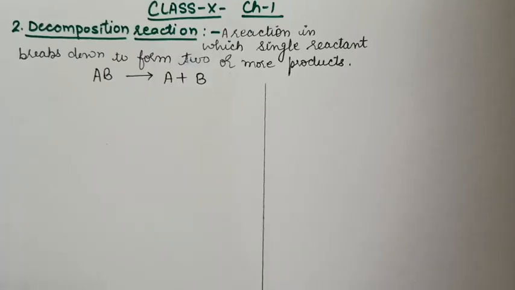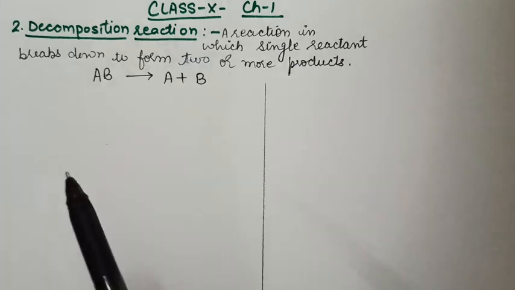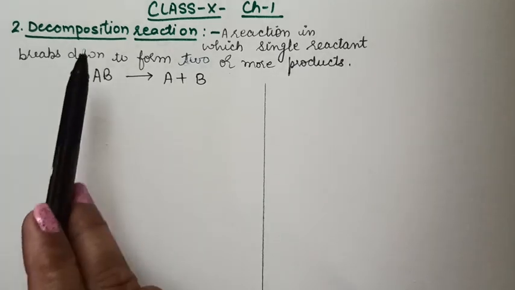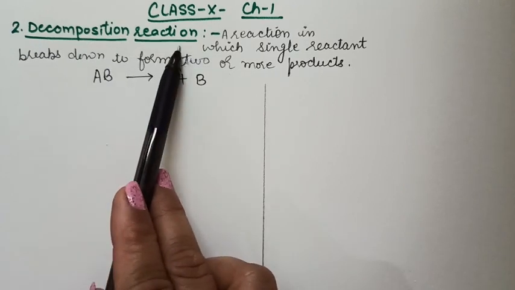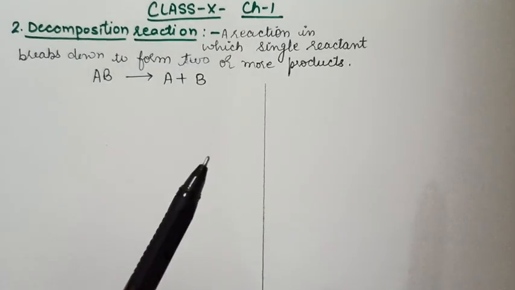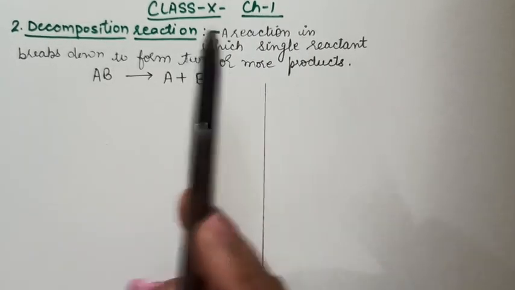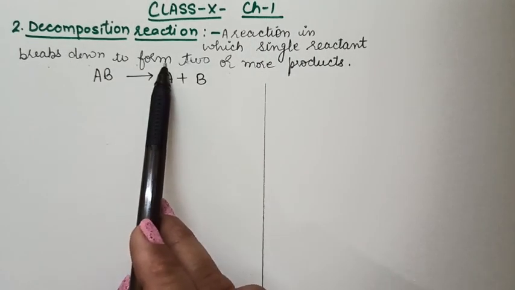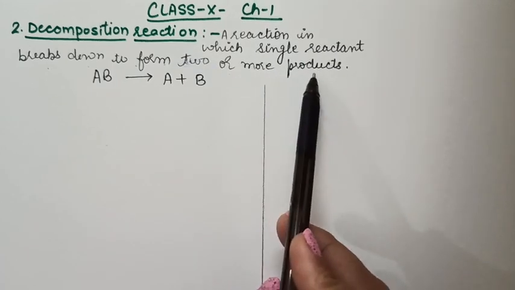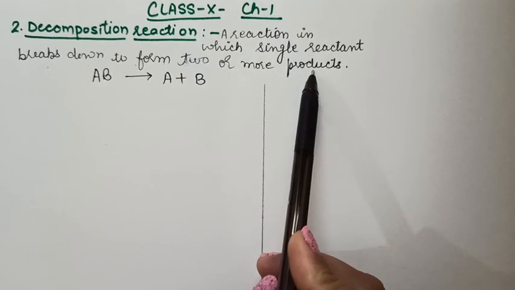In the previous session we have done the combination reaction. So today we will do the next type of reaction, that is the decomposition reaction. Decompose means breaking down. A reaction in which a single reactant breaks down to form two or more products is called a decomposition reaction.